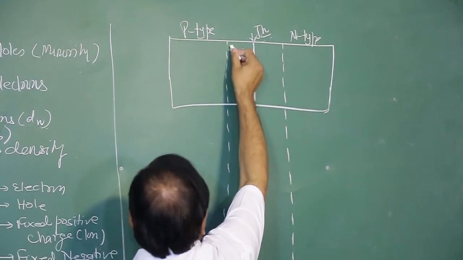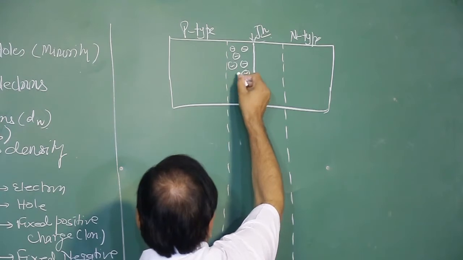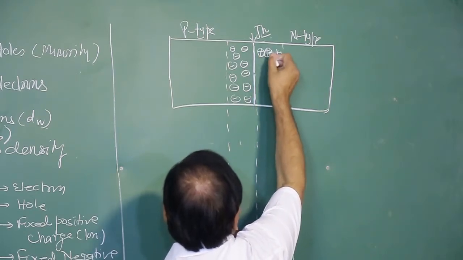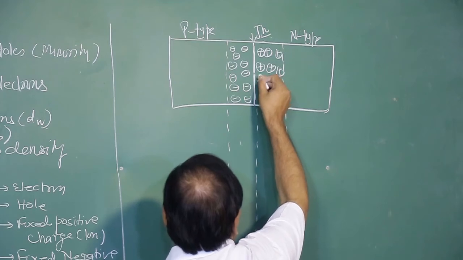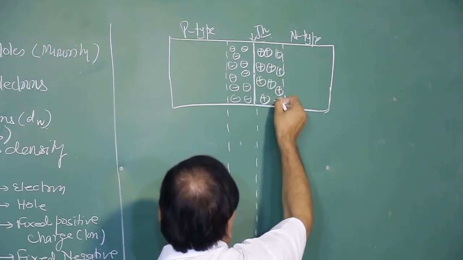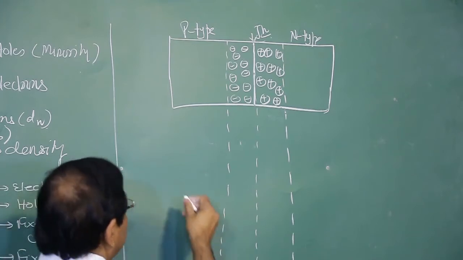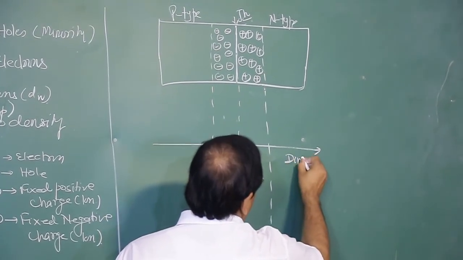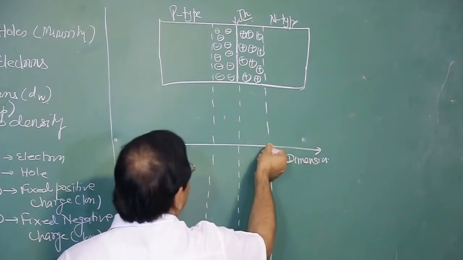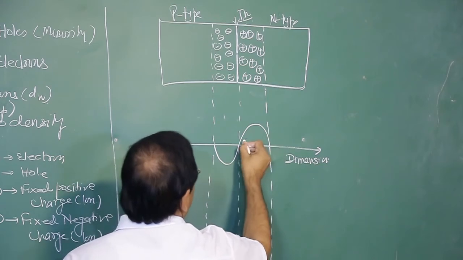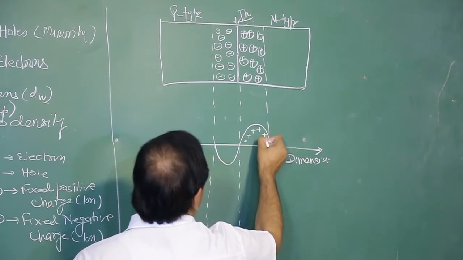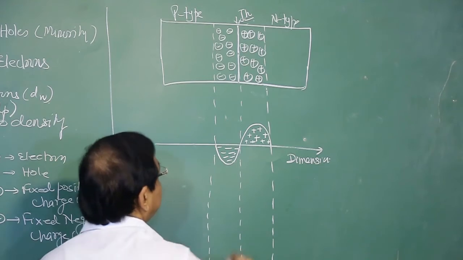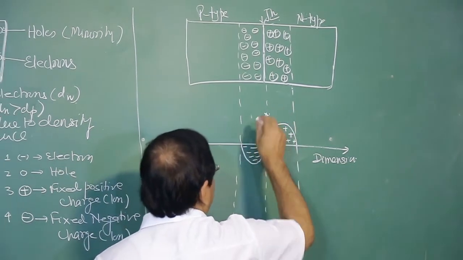Here there are negatively charged particles which are fixed, immobile, and here there are positively charged ions which are immobile. For the sake of various calculations, we consider this dimension. Here there are positive ions across the junction, and here negative ions across the junction.